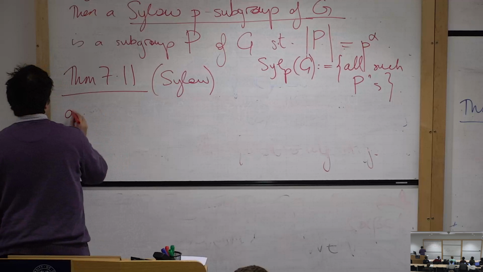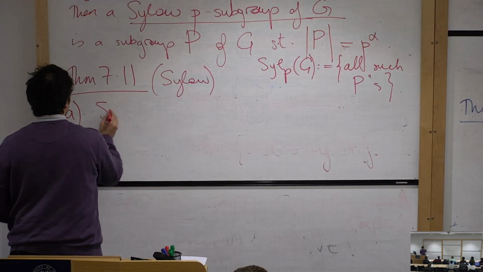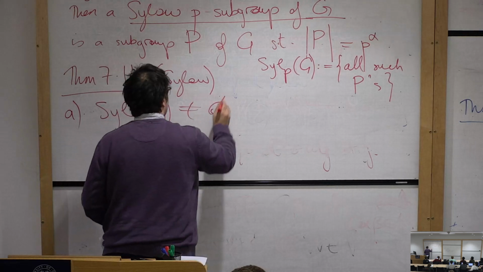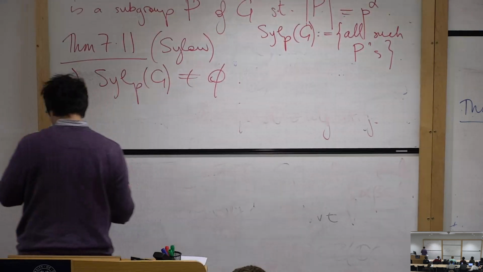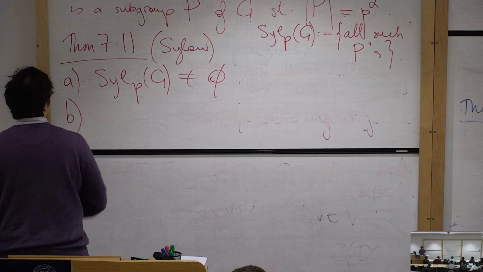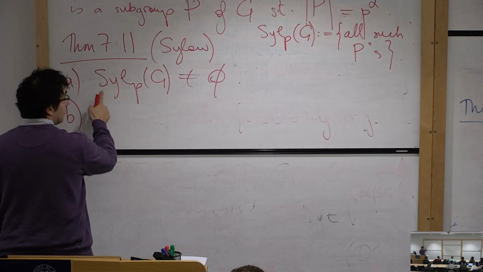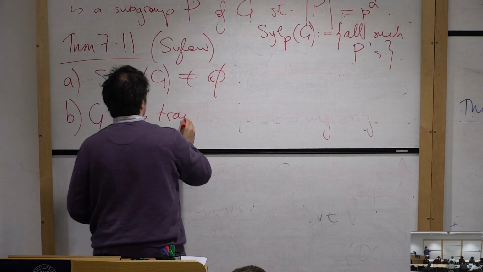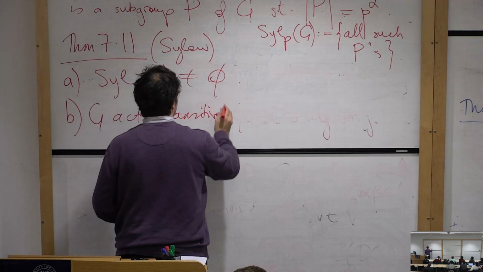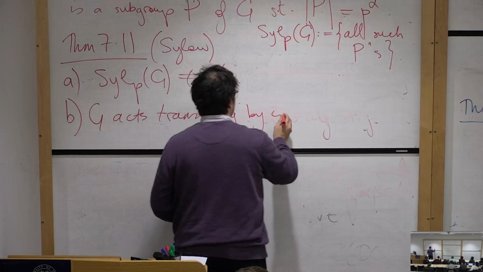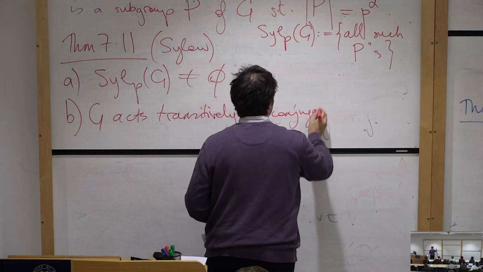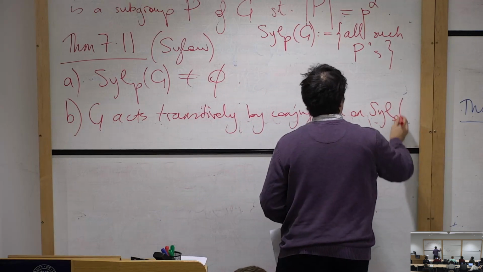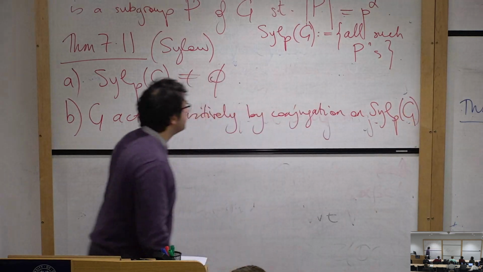First statement is that this set is non-empty, so there is always at least one. Second, G acts transitively on this set by conjugation, so any two Sylow p-subgroups are conjugate.